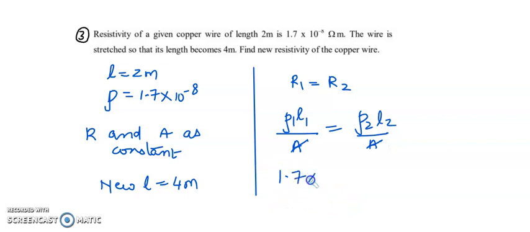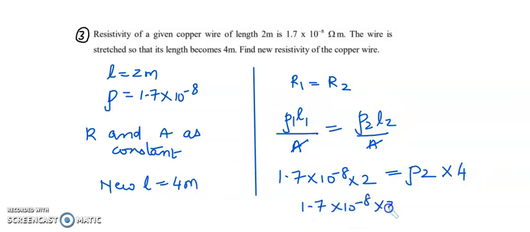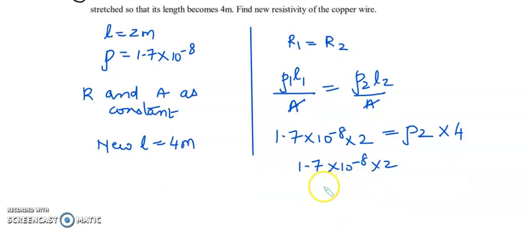Now let's put the values. Rho 1 is 1.7 into 10 raised to minus 8 multiplied by 2, equal to rho 2 multiplied by the new length, 4 meter. So we divide by 4 here. So 1.7 into 10 raised to minus 8 multiplied by 2 divided by 4 is our new resistivity. The 4 and the 2 go.